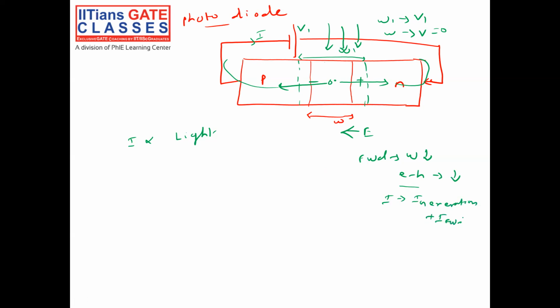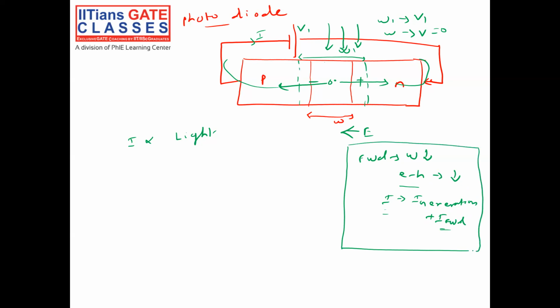Then it is difficult to detect different brightness of light because my total current is mixed with the forward current. The aim of detecting light is not fulfilled.